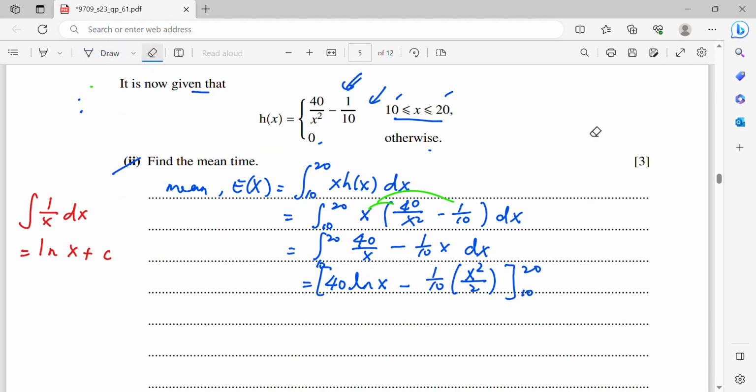Right? So now, when we need to evaluate this, replace the x by 20 first. So you will get 40 ln 20 minus, the 1 over 10 and 1 over 2 combined becomes 1 over 20.